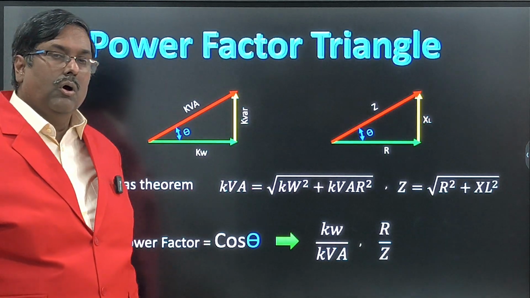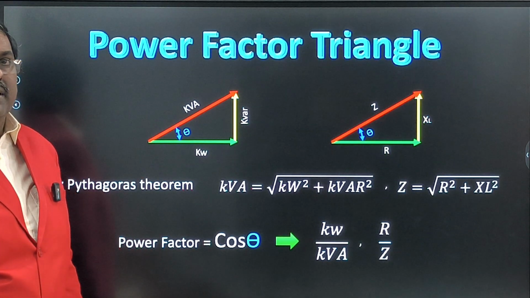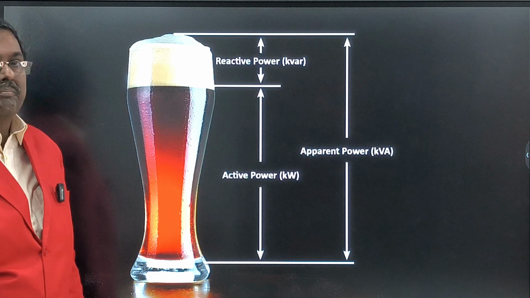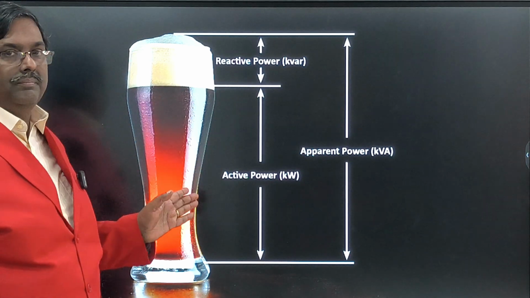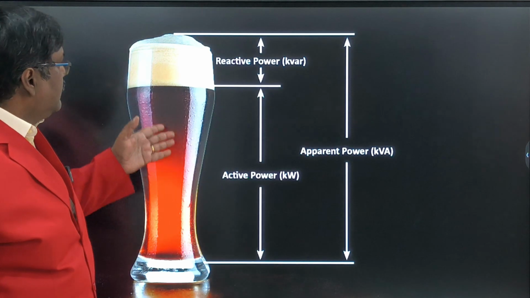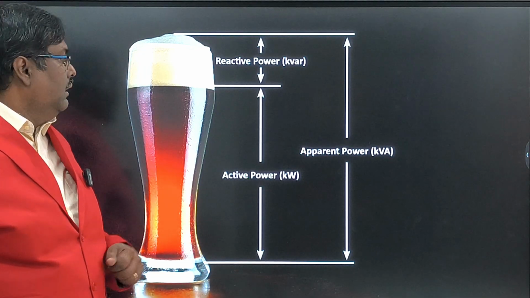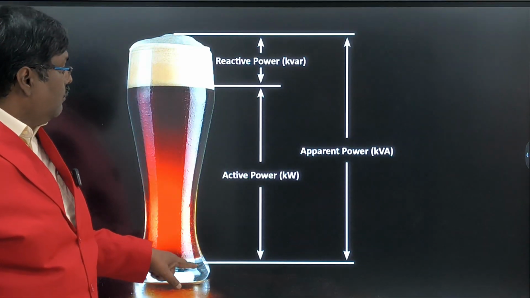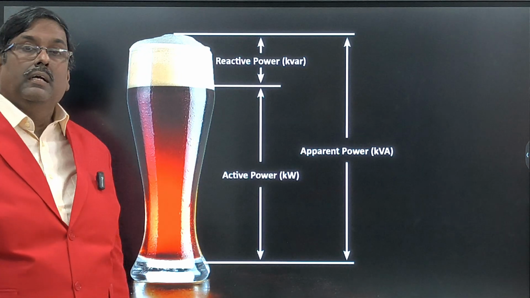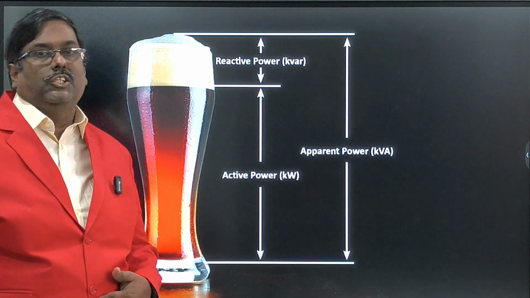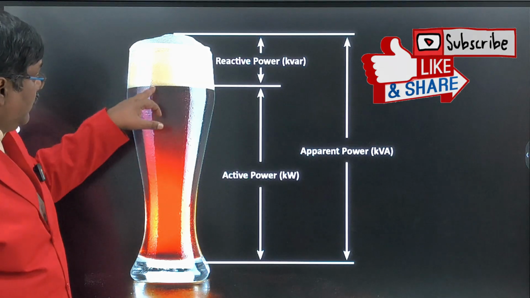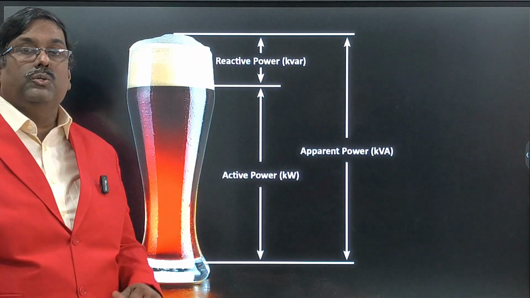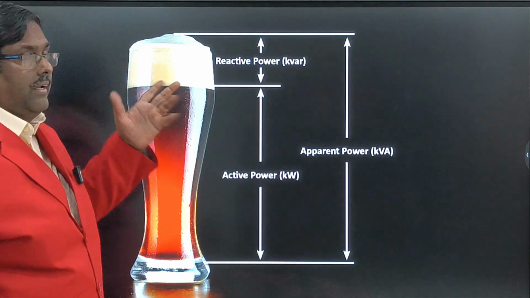Now, one more. Normally, regarding this power factor, the famous picture is this. All institutes will show this picture. It is some Pepsi with foam. So they are saying that for this full glass, the shopkeeper will charge you. That is the actual power you are spending. But you drink only this quantity, which is useful to you, and this foam is waste.